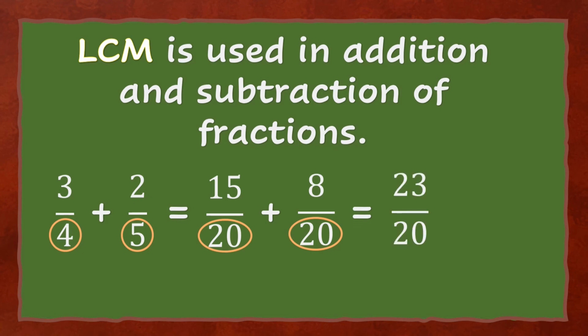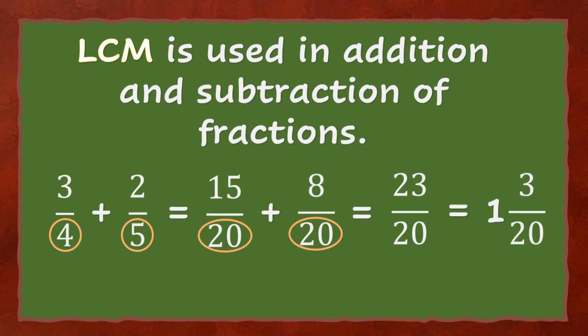15 plus 8 is 23 and copy 20. In lower grades, we change an improper fraction to a mixed number such that the fractional part is in lowest terms or simplest form. 23 divided by 20 is 1.